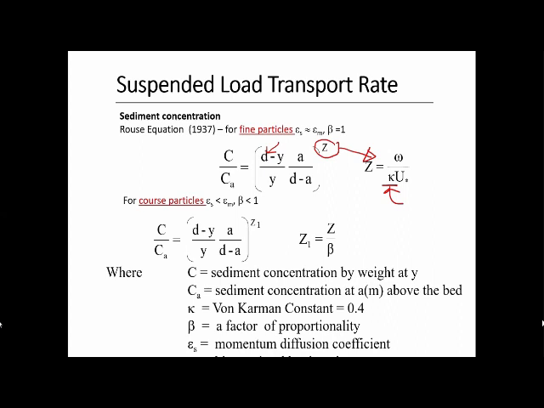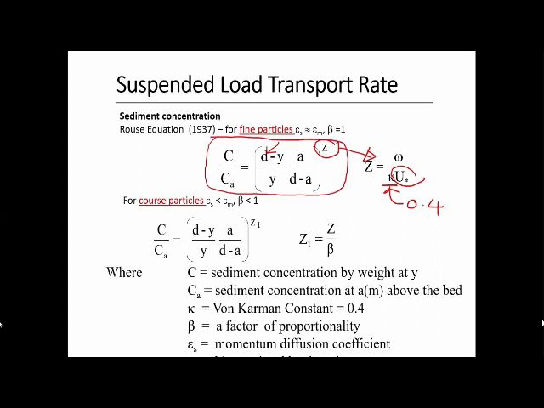It is always equal to 0.4, multiplied by the shear velocity. So kalau you tengok, this is where the downward component of your particles takes place.